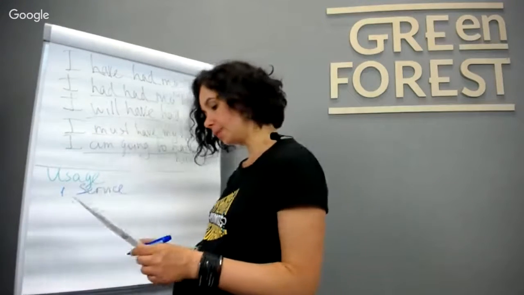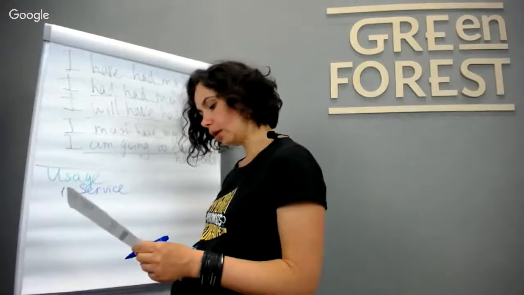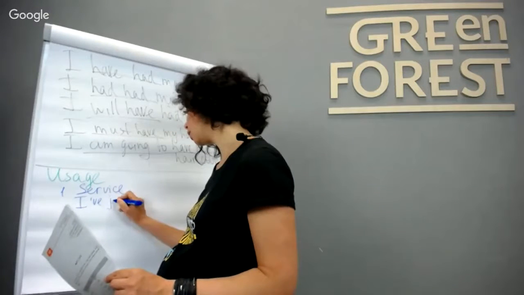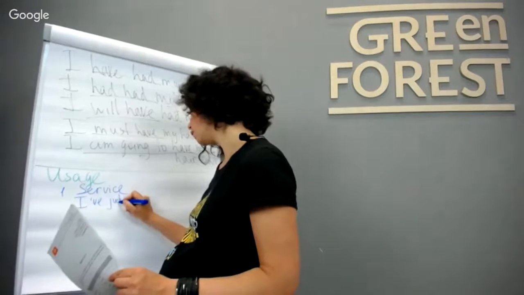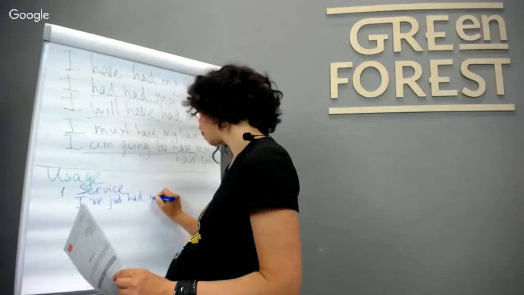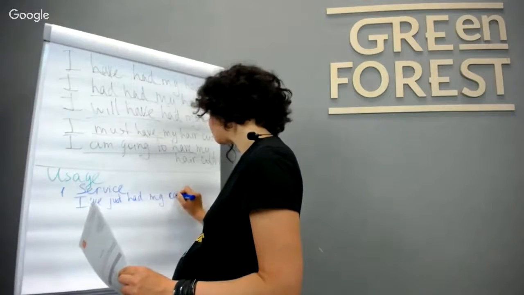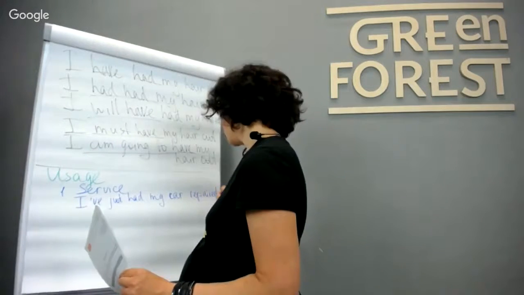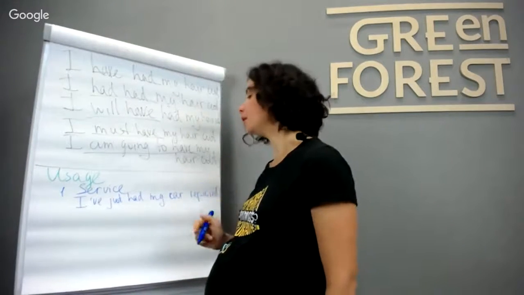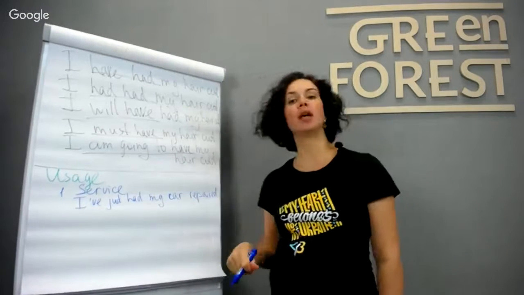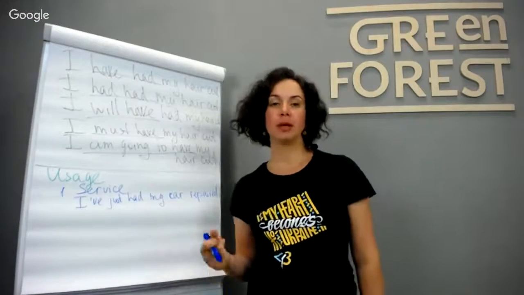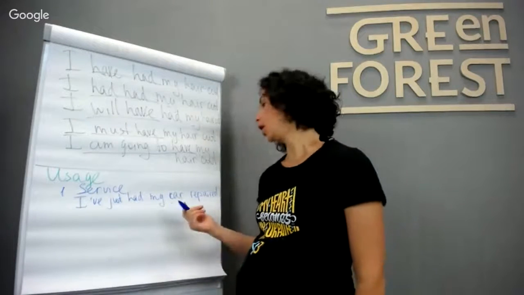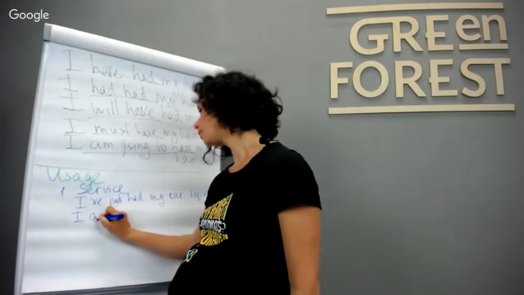For example, I've just had my car repaired. This is present perfect, and that means that I went to some garage, paid money there, and the guys repaired my car.